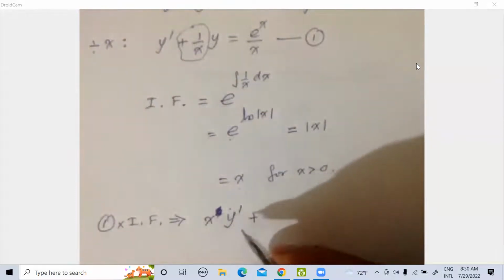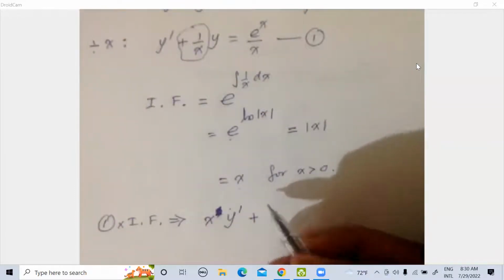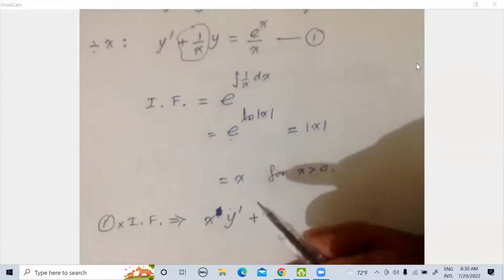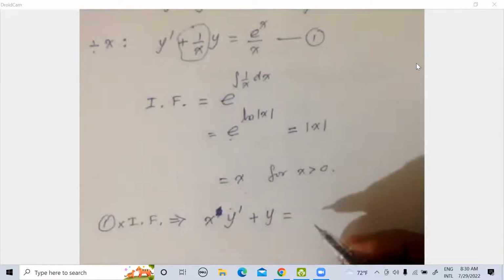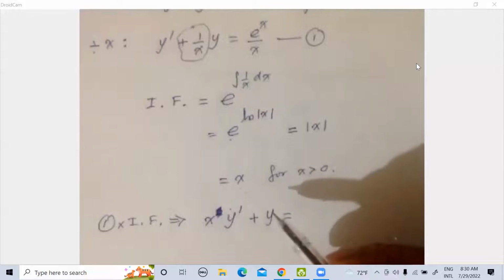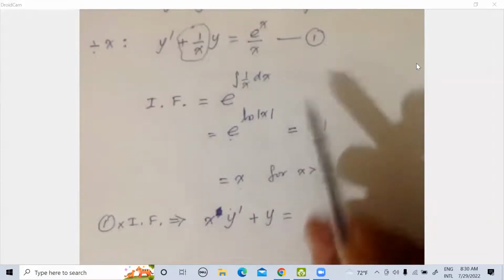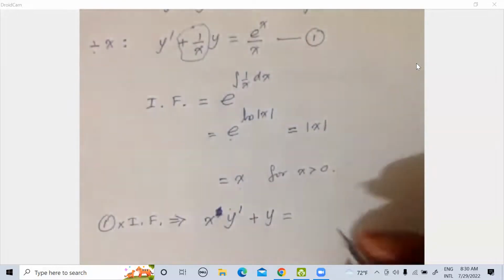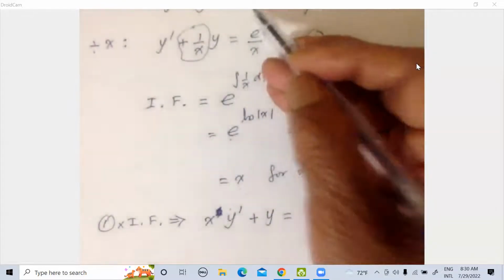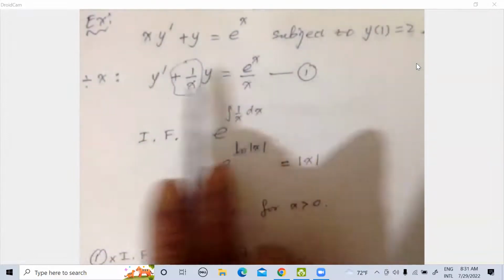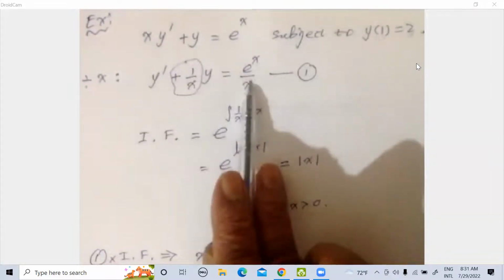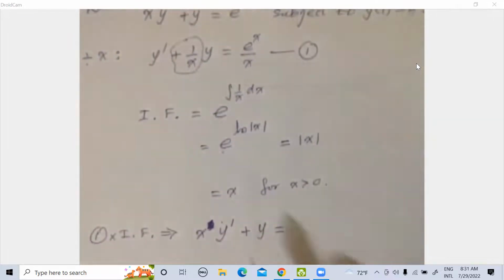So xy dash plus, what do you get? y equals e to the x. I have to multiply, yes, e to the x, sorry. I was looking at this, so you might also make the same mistake. Make sure that you multiply the standard form by the integrating factor.